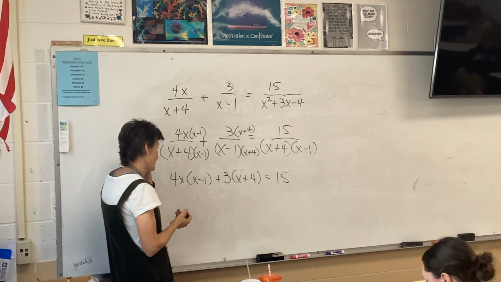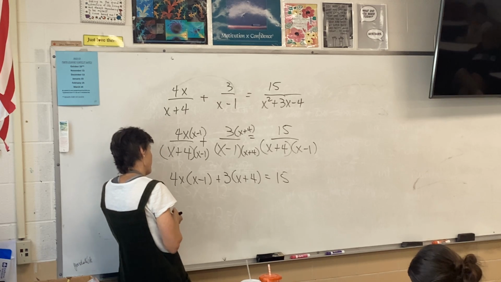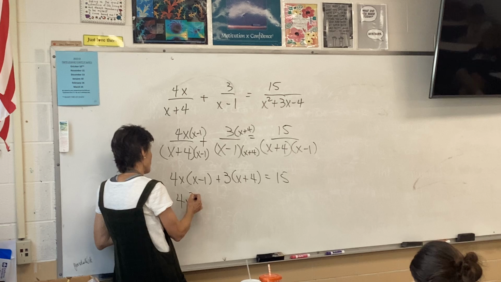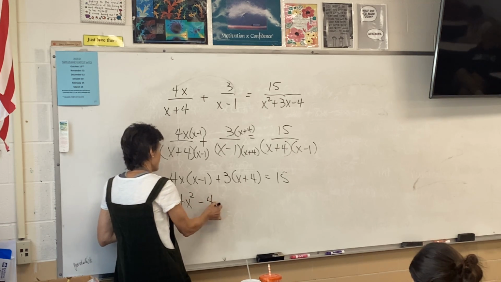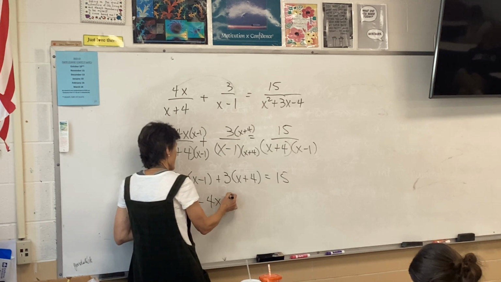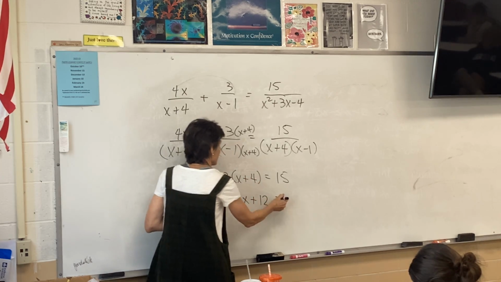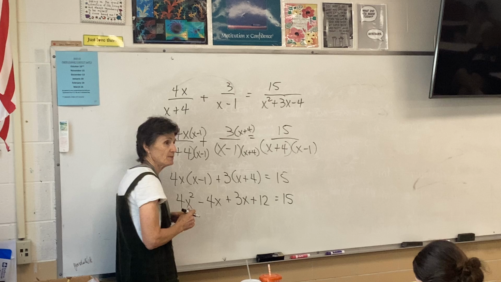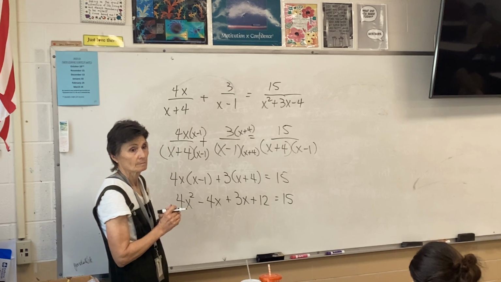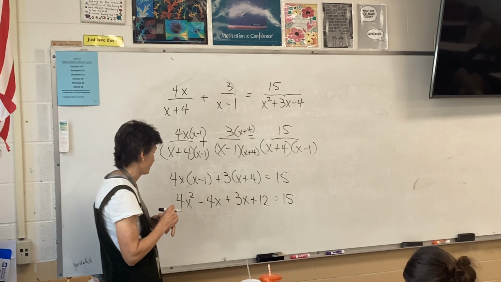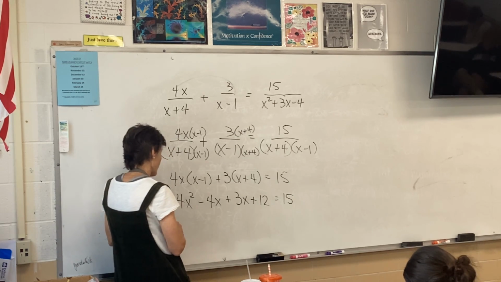All right, what do you want to do with this equation? So 4x squared minus 4x plus 3x plus 12, I'm distributing here too, also equals 15. Now let's do some cleanup work.